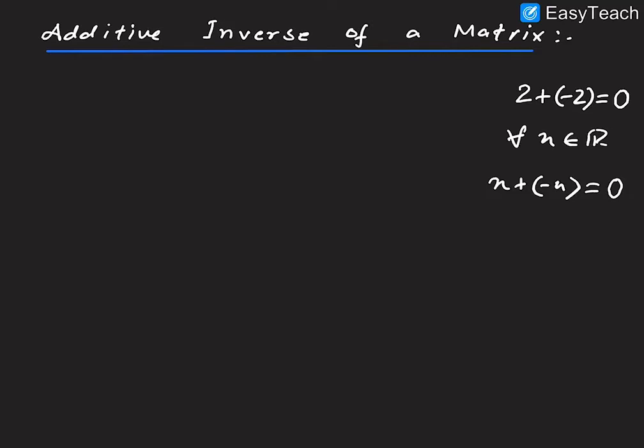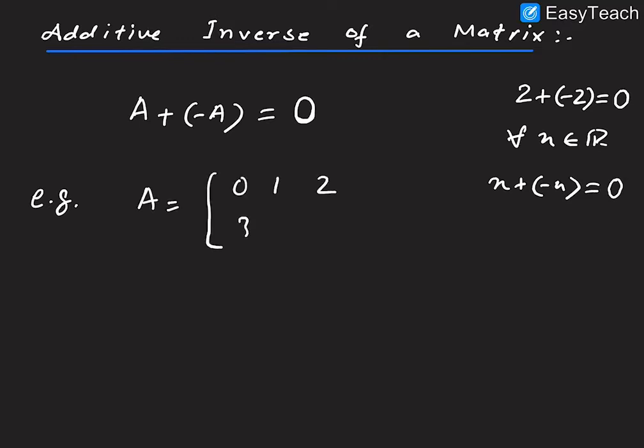The additive inverse of a matrix means you need to take the negative of the matrix, then they will be inverses of each other. The property is A plus minus A is equal to O, the null matrix. For example, you have a matrix A whose elements are 0, 1, 2, 3, 4, 5.